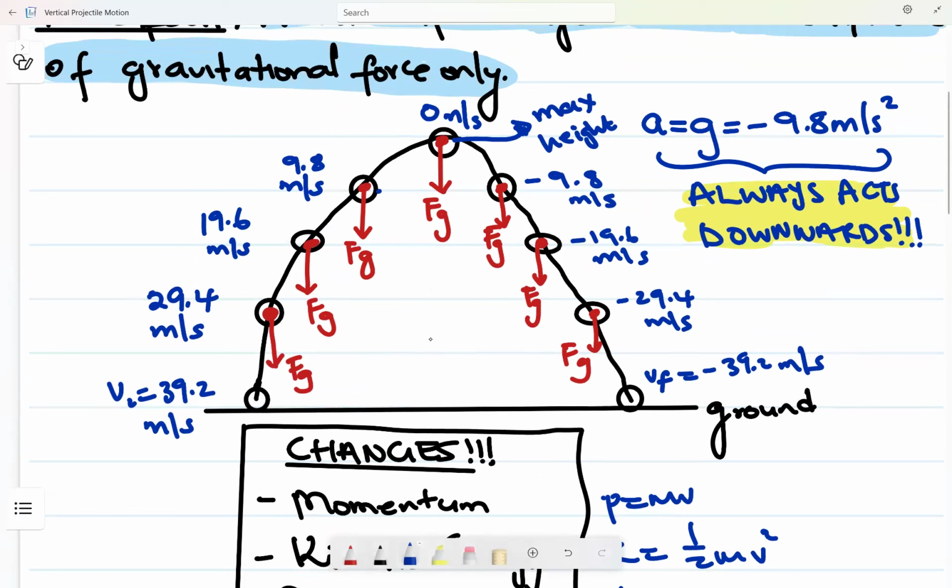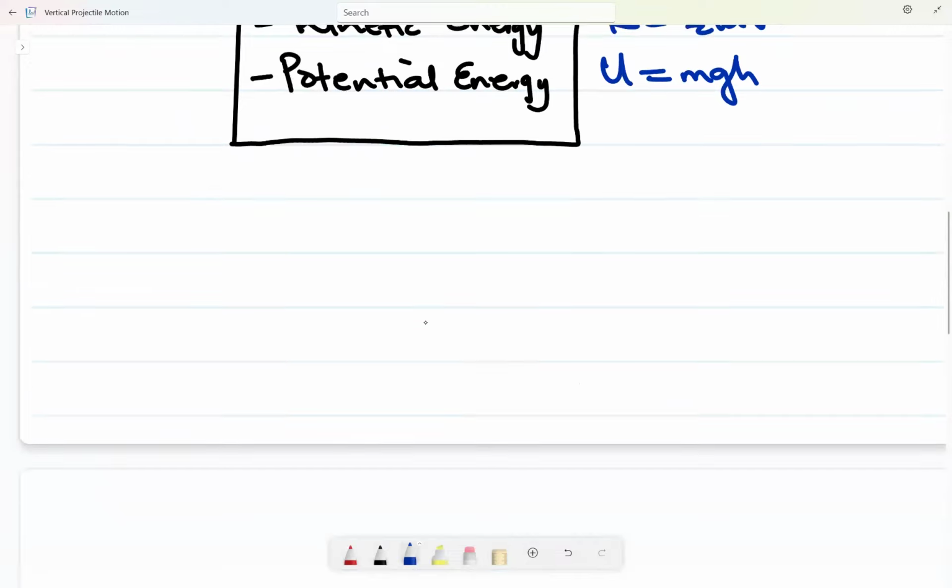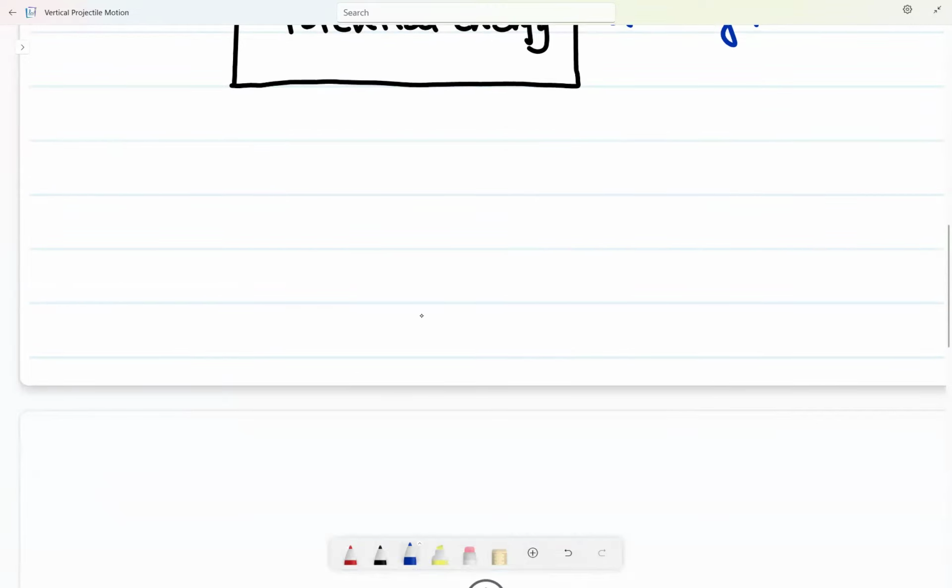But can you see now the height also, from the point of projection, is changing from the 0 position to H max. So that is that.